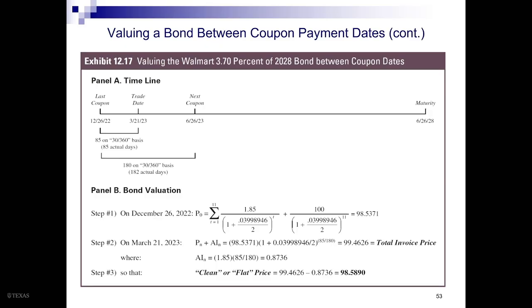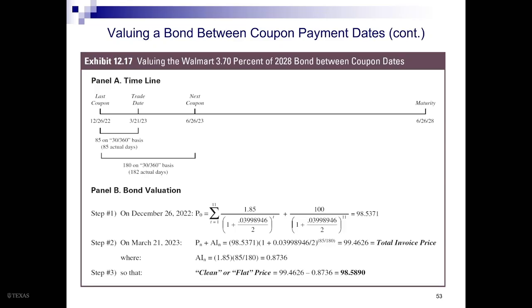I won't even try to explain this rationally, but corporate bonds count time on what is called a 30-360 basis. They treat every month as if it had 30 days. Doesn't matter whether it's February or August. If it's a month, it's 30 days. So 12 months of 30 days is 360.